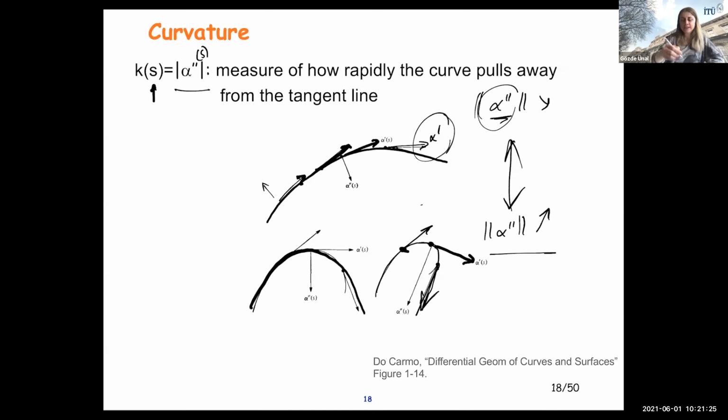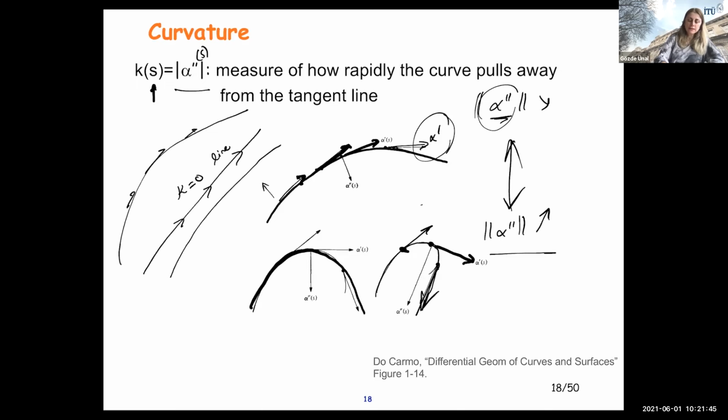For something close to a straight line, is the tangent vector changing? No, so the curvature is zero for a straight line. Closer to a straight line, curvature is really small, but for a very quickly changing curve with all these quick movements, these locations have very high curvature.